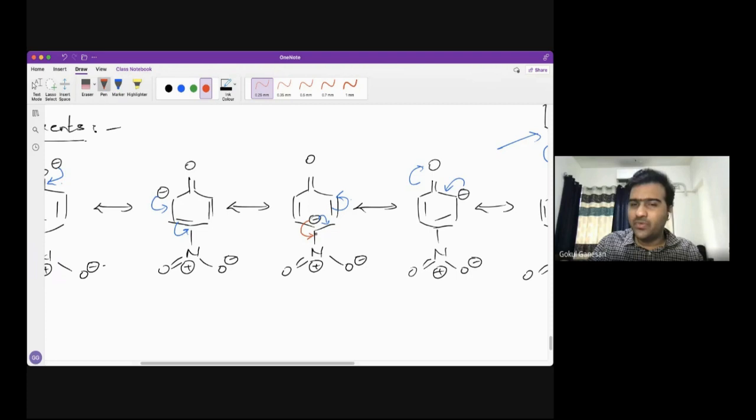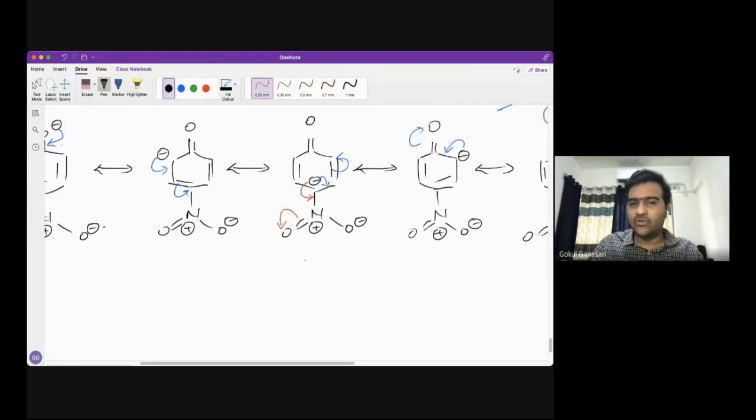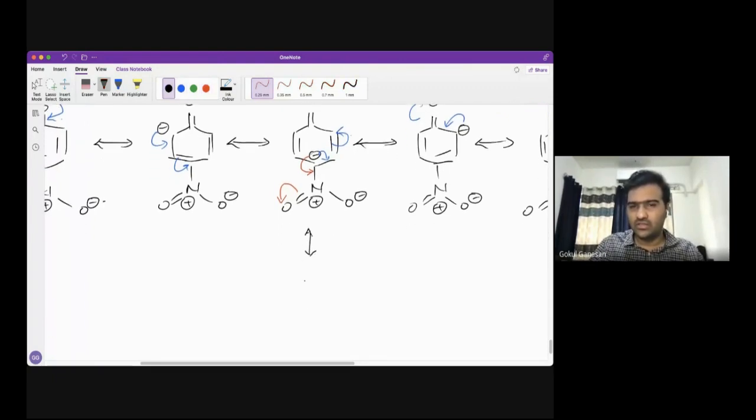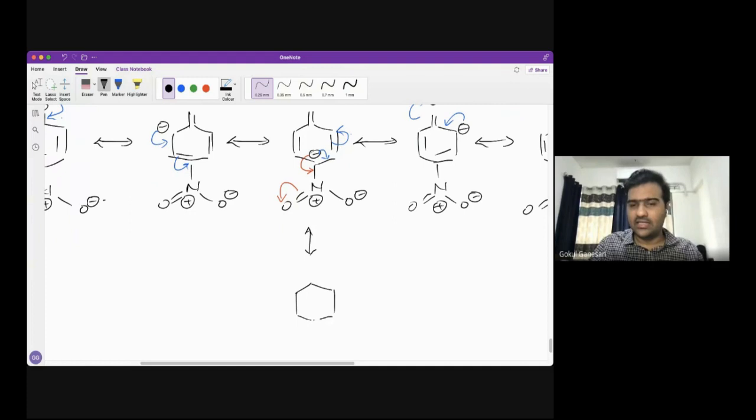As it comes in between carbon and nitrogen, nitrogen becomes pentavalent. Pentavalency is not allowed on nitrogen. Hence, the electrons move on to oxygen. You get an additional canonical structure that necessarily looks like this.